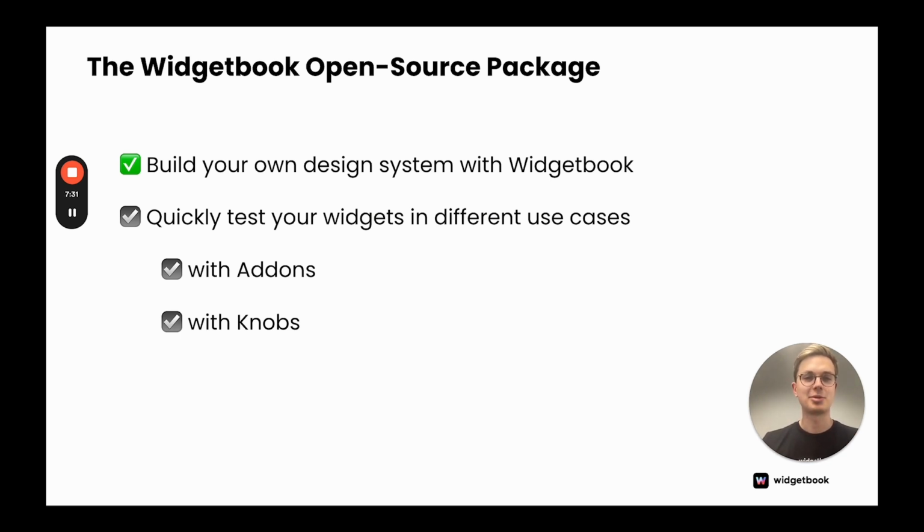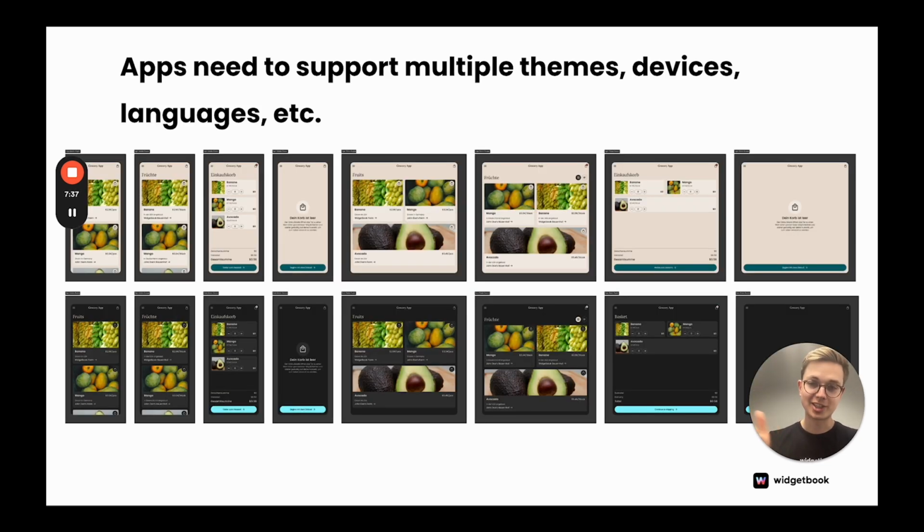And the next step is we are going to check how we can quickly test our widgets in different use cases. Because what is quite important is that nowadays our apps became more and more complex. Because apps nowadays need to support multiple themes, multiple devices, multiple languages, accessibility, and so on. And in Figma, again, quite easy to do.